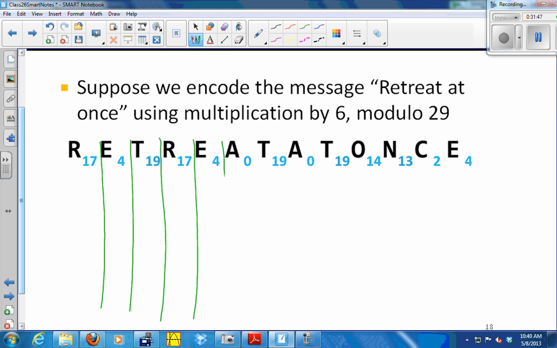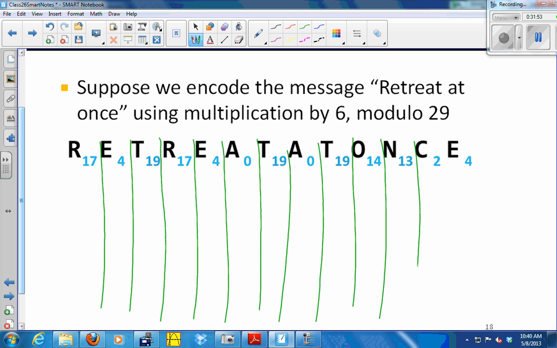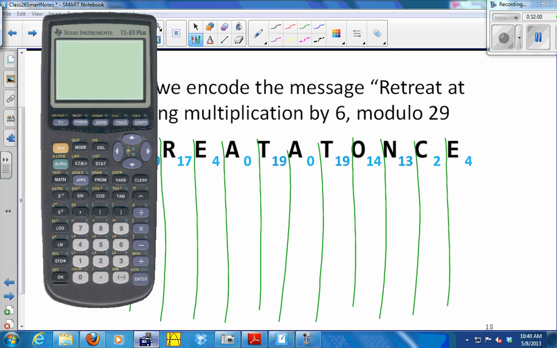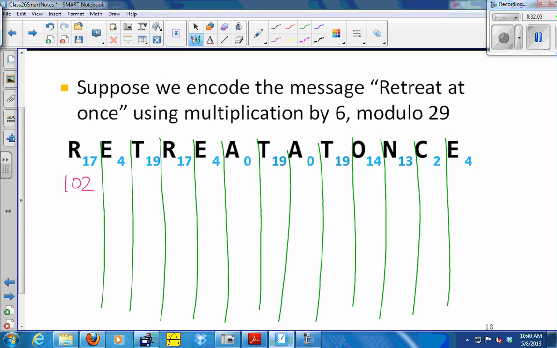Put in some lines here. Okay, so 17 times 6 is 102. 4 times 6 is 24. 19 times 6 is 114. 0 times 6 is 0. 19 times 6 is 114. 14 times 6 is 84. 13 times 6 would be 78. 2 times 6 is 12.